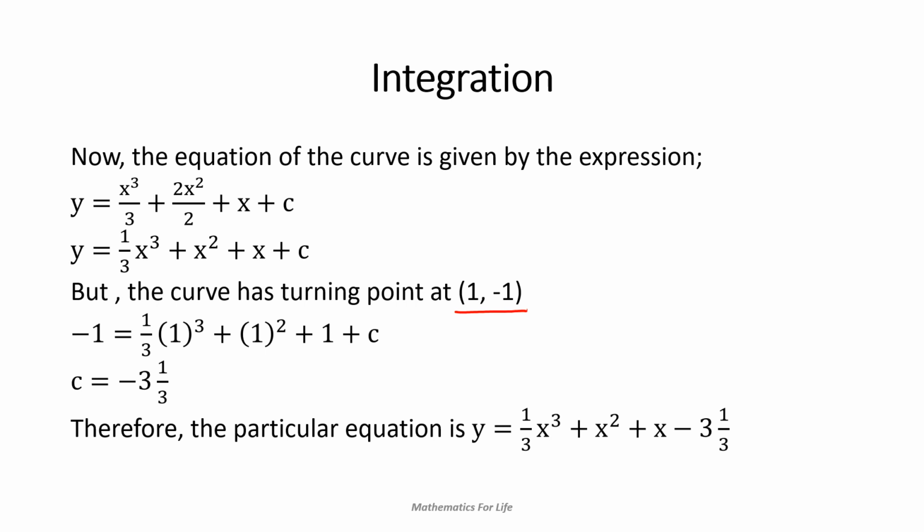And solving for the value of c, we are going to have c being equal to -3 and a third. So replacing the arbitrary constant c in the general equation, we'll be able to find the specific equation, which will be given by y is equal to a third x cubed plus x squared plus x minus 3 and a third.